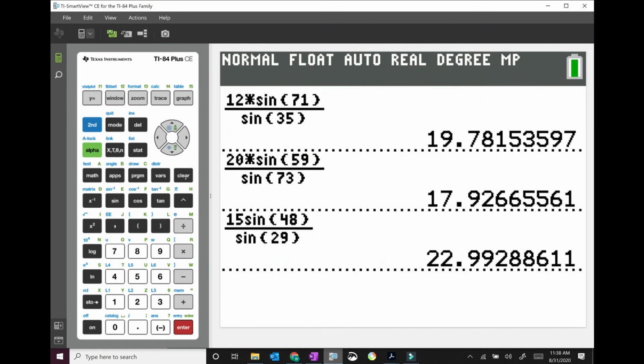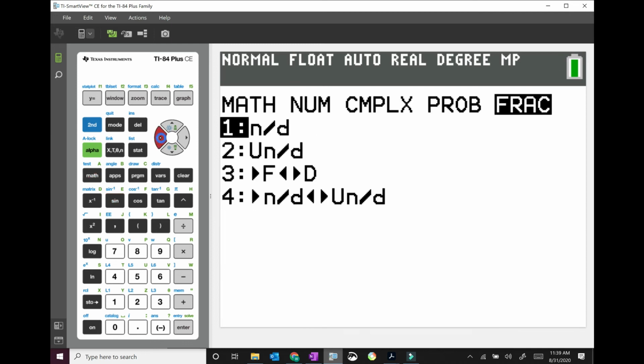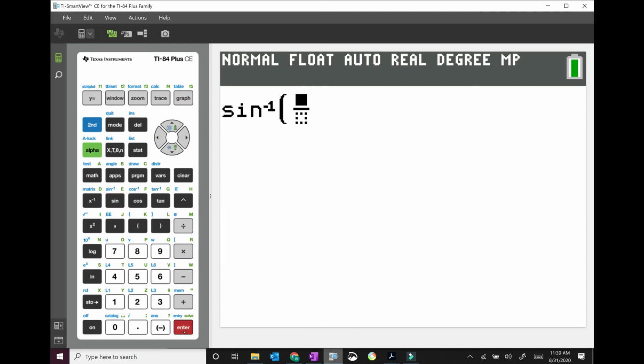So on my calculator, I'm going to say inverse sine. Well, inverse sine is right here in blue above sine, so I have to hit the blue key, sine. We're going to type in a fraction, so we're going to go ahead and hit math, hit left, enter. All right, there's our fraction. So we're going to say 9 times sine of 77 divided by 14.